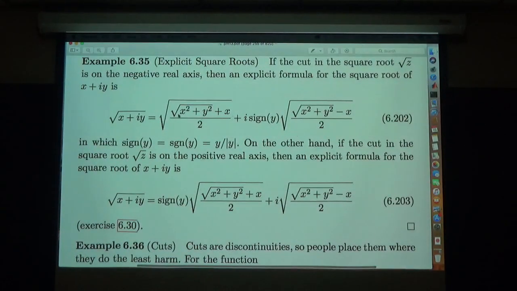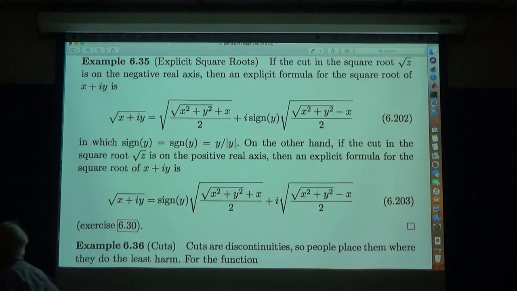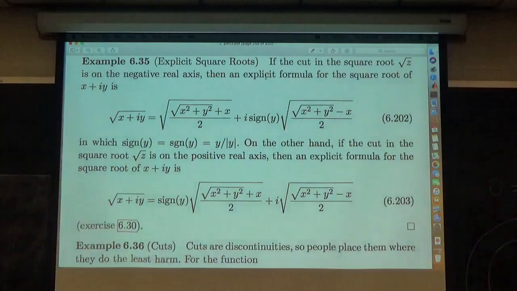So here, for example, for the square root, we have to define the angle theta. Let me actually use the board now.